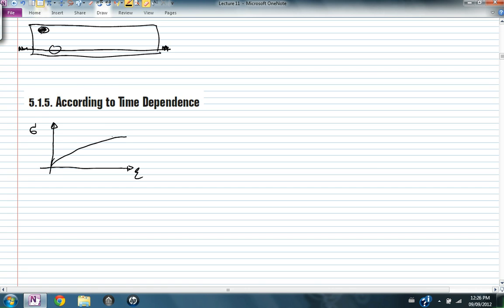The faster you pull the material, the faster you're doing the experiment, you will see a stiffer response. The faster you pull the material, the stiffer the response.